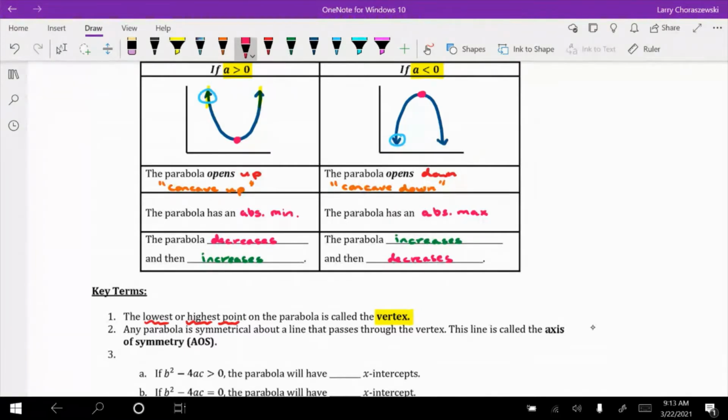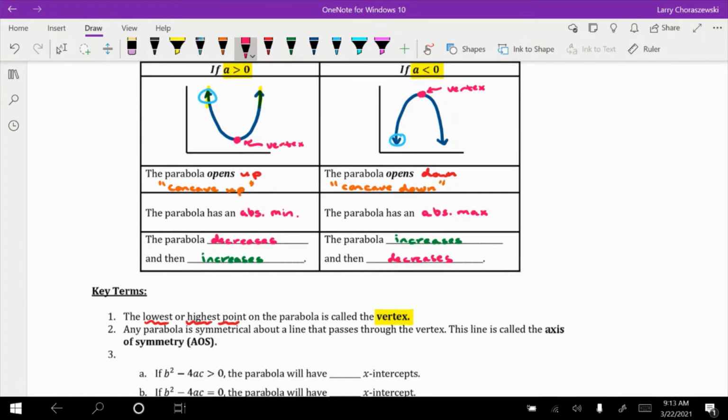So if we look at our parabola opening up, that lowest point, that absolute minimum, is considered a vertex. Even if there's a highest point, that highest point would also be called a vertex. So every parabola has a vertex, and it's actually one of the most important things about a parabola, and we'll see that when we do some applications.